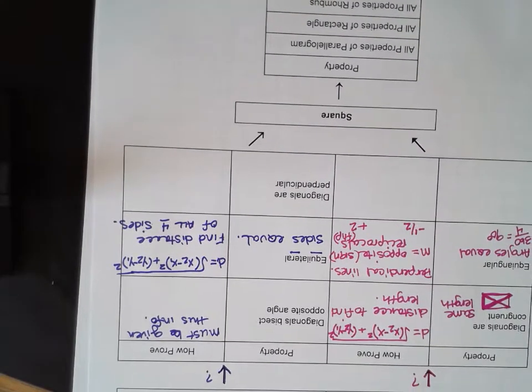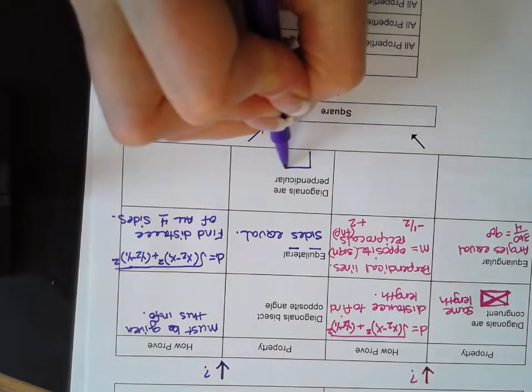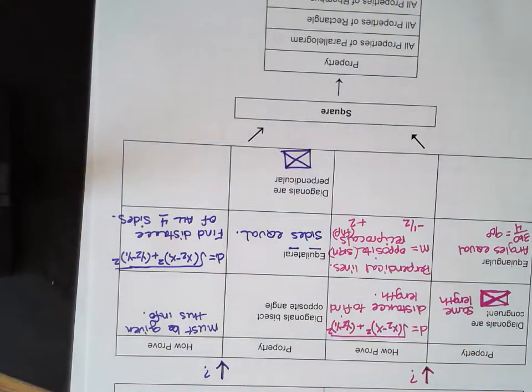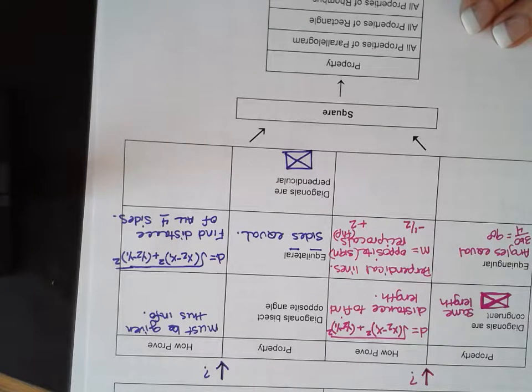Okay, then our last choice is that diagonals are perpendicular. Okay, so I got this figure. I can draw diagonals anytime I want. How am I going to tell if the diagonals are perpendicular? By what? The same way?